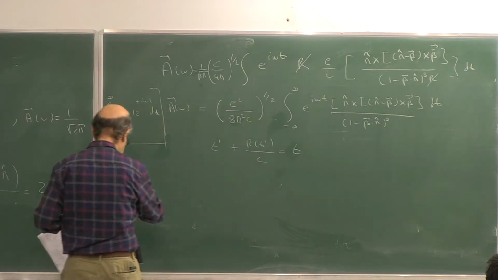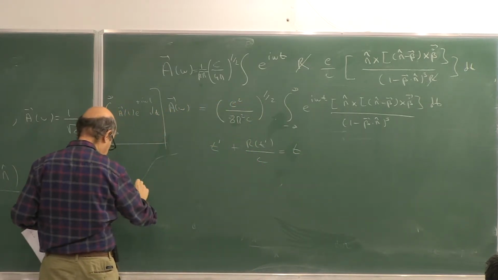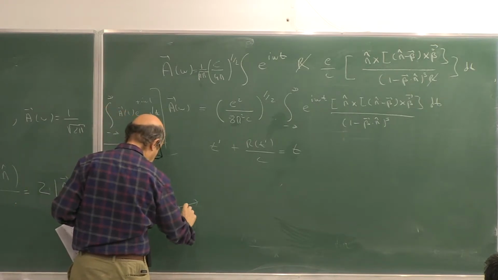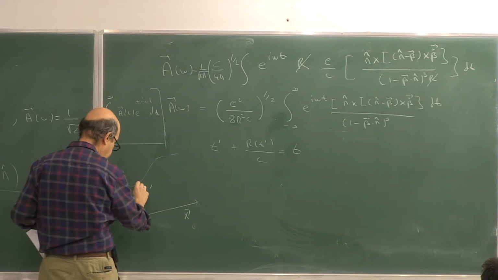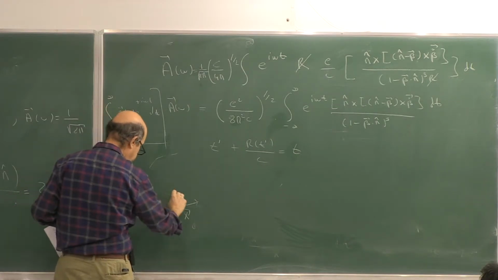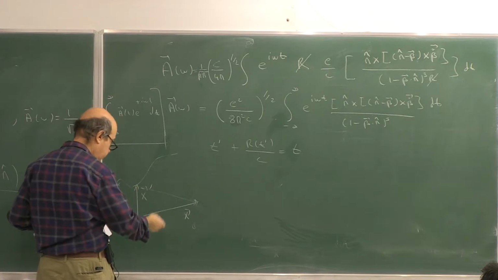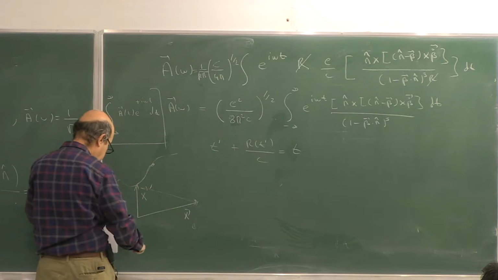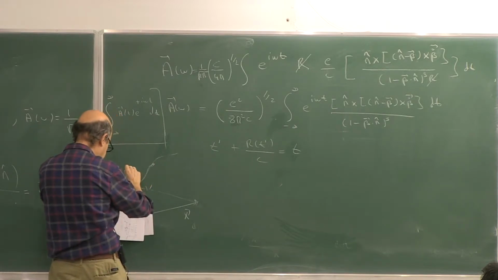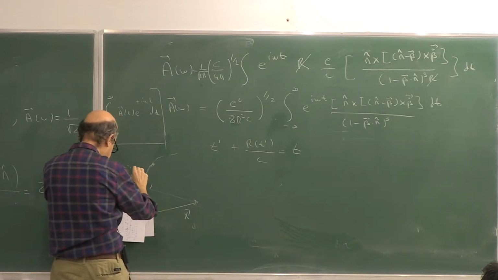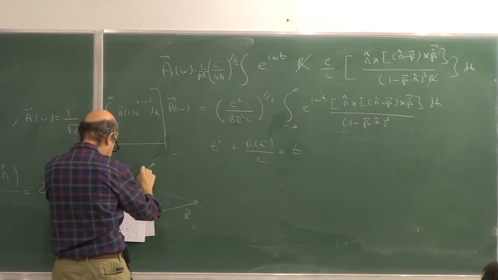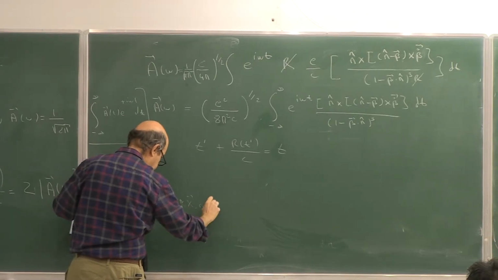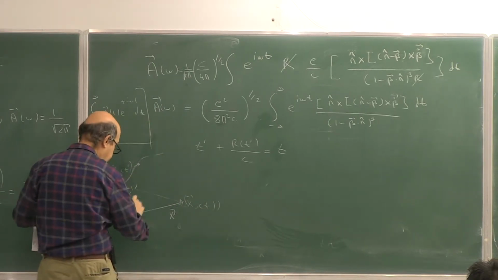As usual, the charge is moving. This is the location of the charge. This is our point of interest. When the radiation is emitted, when the information reaches the observer, the charge is not at this point, it is somewhere else. So the location here we can call x prime and ct prime, and here we can call x, ct, and this length is r.